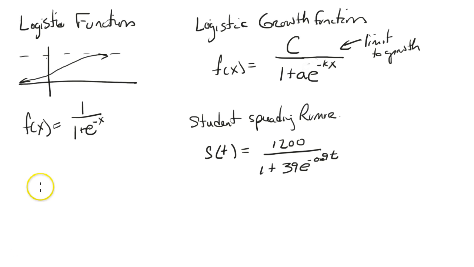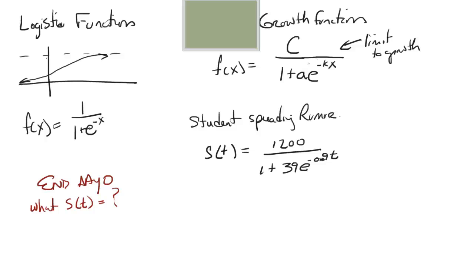How many students know at the end of day 0? That's the initial, day 0. So at the end of day 0, what's S of T? So we can graph this thing, and that might be a good way to do it. So let's just throw it in the calculator.